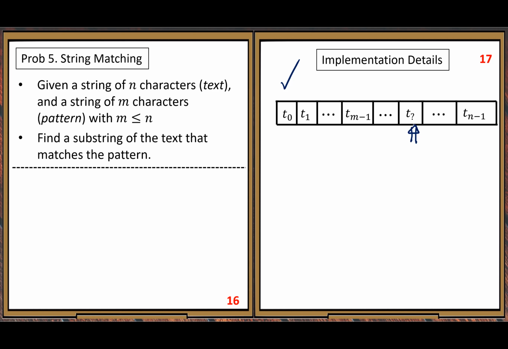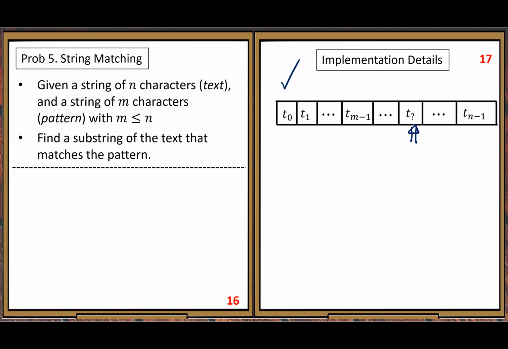This question mark gives us the location of the first character of the last m substring. But because I do not know what the subscript number is, I couldn't figure it out. I need to do some calculation to get this number for this question mark.